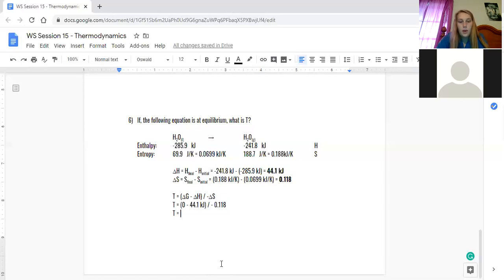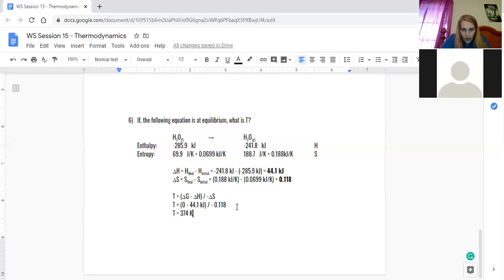373.7. Perfect. And so we're going to keep just 3 sig figs there. It's going to be 373, or not 373, 374 kilojoules, or not kilojoules, Kelvin.